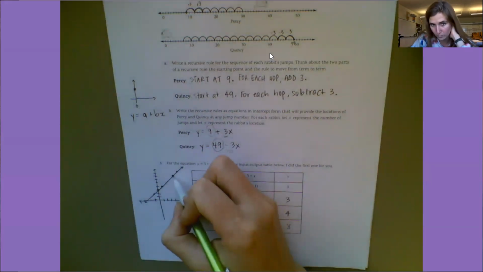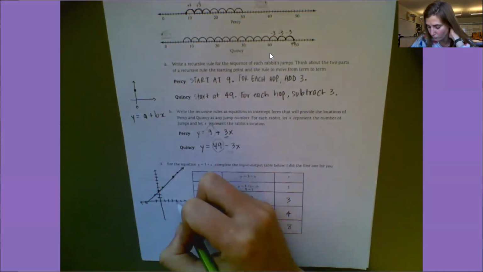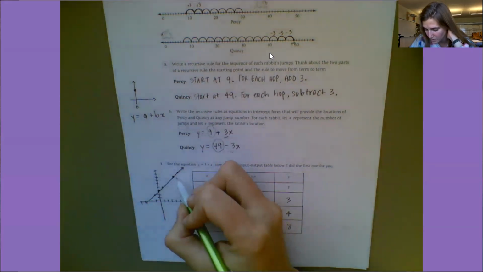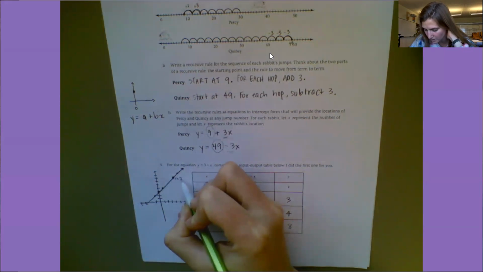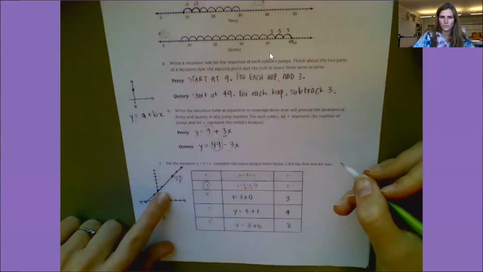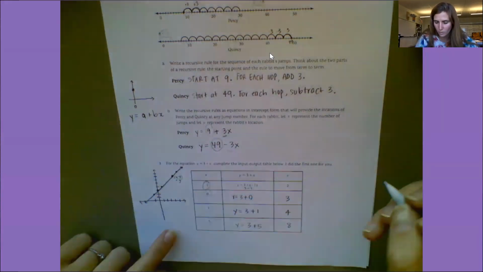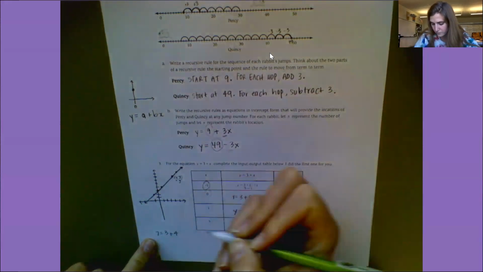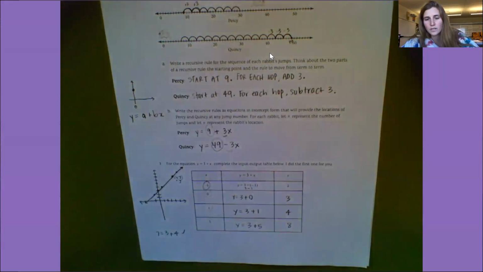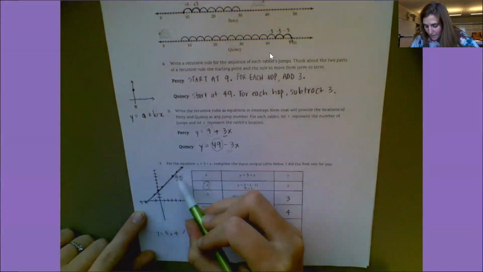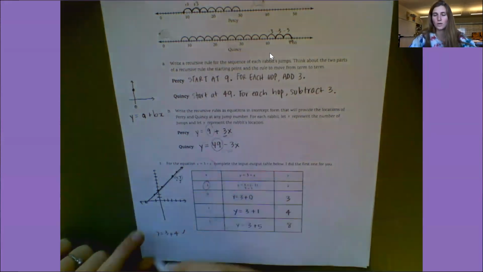So I just plotted a point right there that is 4, 7. If I plug in that x value and that y value into my equation, what I'm going to get is 7 equals 3 plus 4, which is true. 3 plus 4 does equal 7. So we'll keep talking about this too, but every single point on this line is going to be a solution to this equation.